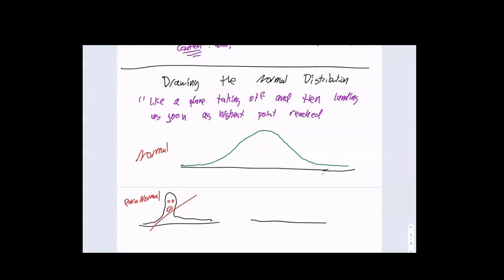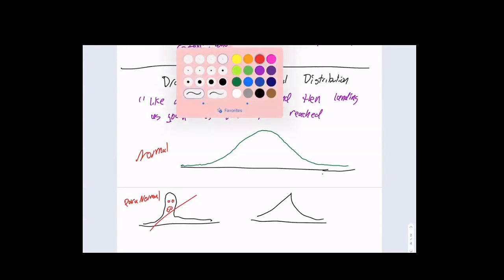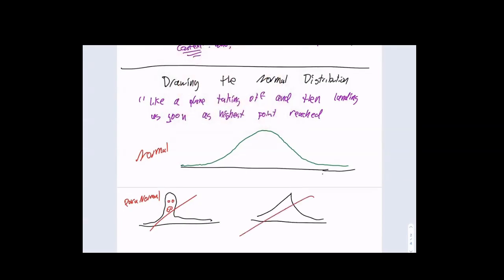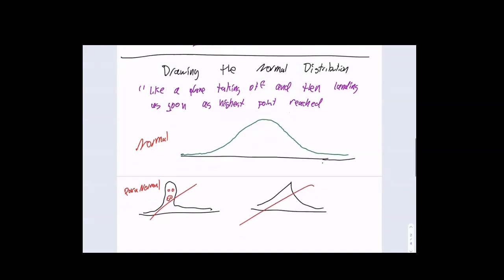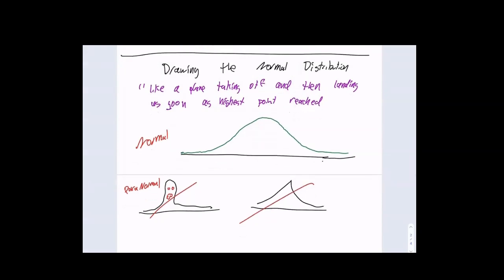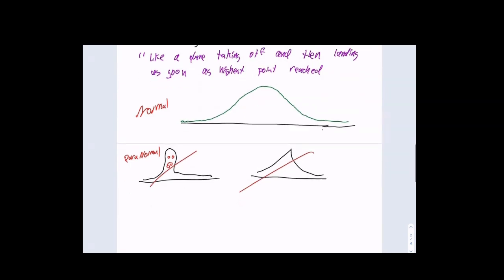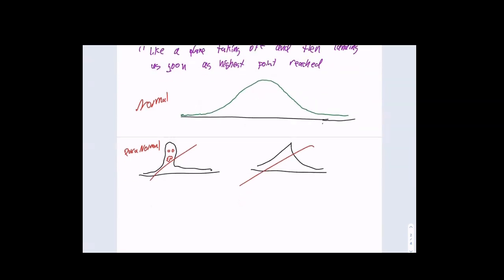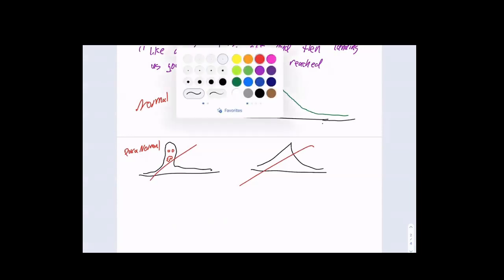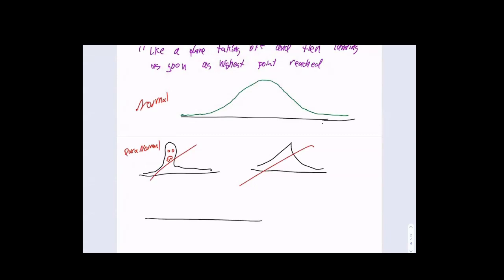Some people will draw it like this. No. Planes cannot do that. All right? Planes cannot just go up and then just, that means it probably crashed. If it was going up and then all of a sudden, no, that does not work. We'll get ones that look like a parabola.